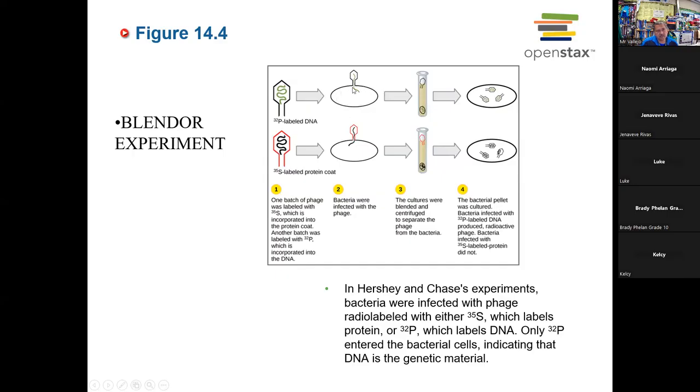They put this in a blender, and then the heads came off. Here's the head. But if the radioactivity is in the DNA, that DNA should still be radioactive. And there it is right there. That's what happened.